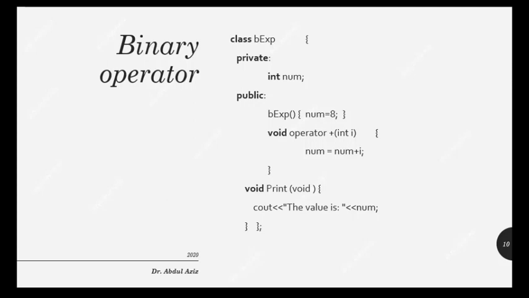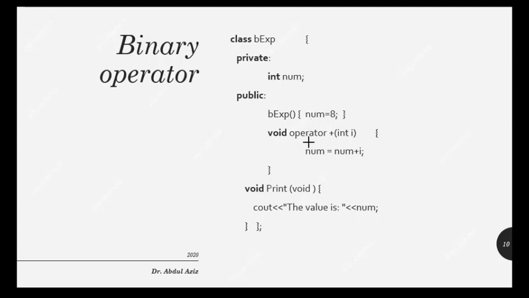Okay, moving towards the binary operator, this is one of the examples in which we have implemented the binary operator plus. Now I'm going to create a new class, that is b example, which means the binary example. Similar to the previous class, we have included one simple data member, integer num, and in the public area we added a constructor that is going to initialize my attribute with value 8.